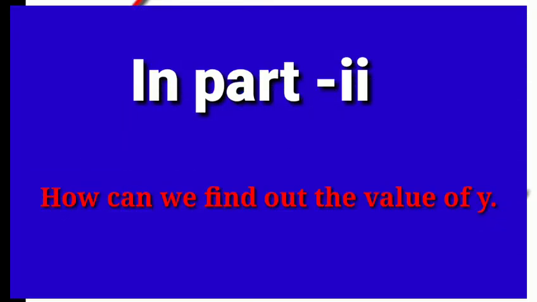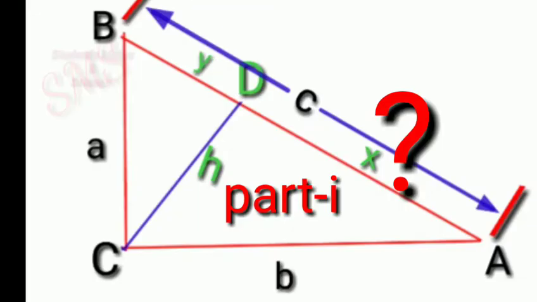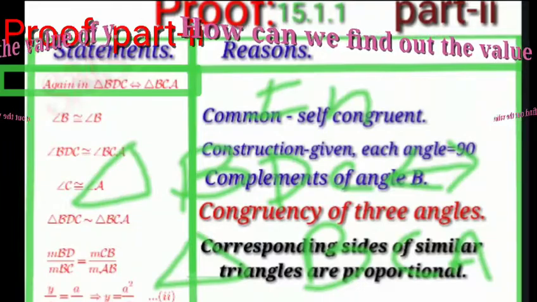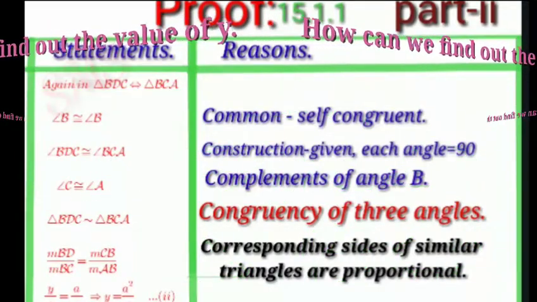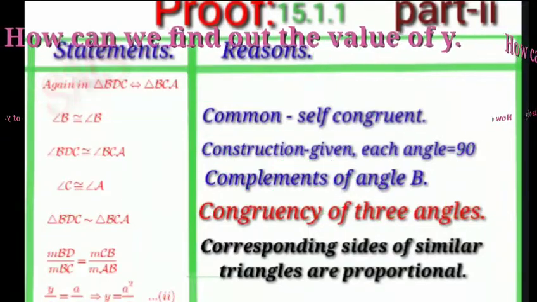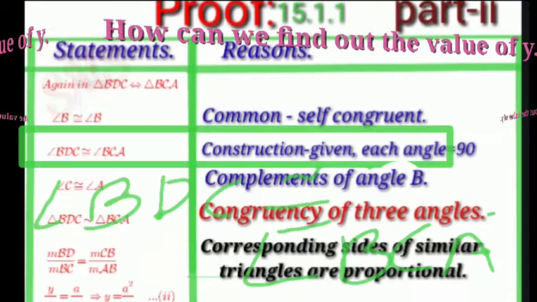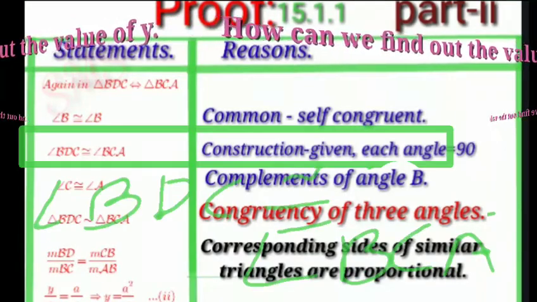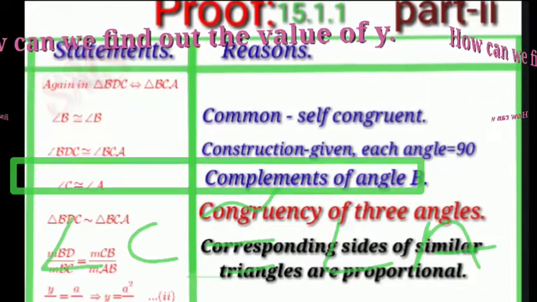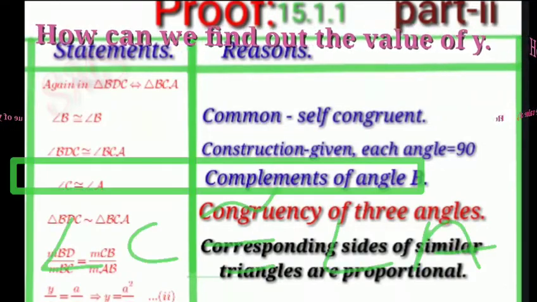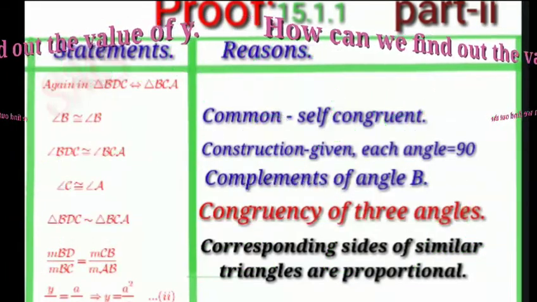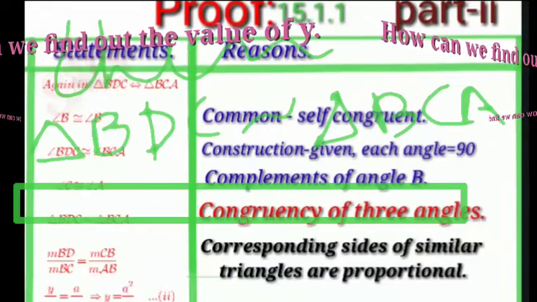In part 2, how can we find out the value of y? In corresponding triangles, triangle BDC and triangle BCA, if angle B is congruent to angle B, angle BDC is congruent to angle BCA, and angle C is congruent to angle A, then triangle BDC is similar to triangle BCA.